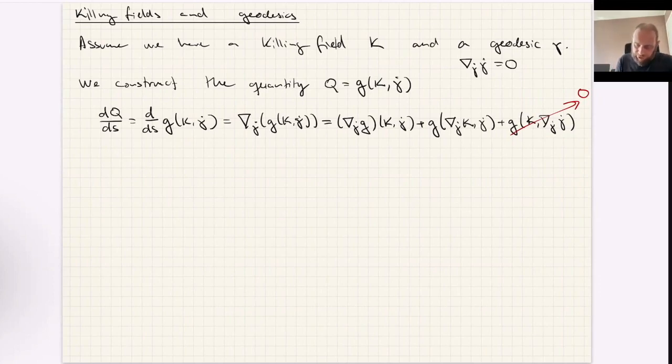If we look at the first term, we have a derivative of the metric tensor here. So this depends a little bit on what type of connection we have. But in general, if we assume that the derivative of the metric tensor is equal to 0, then the connection is called metric compatible.